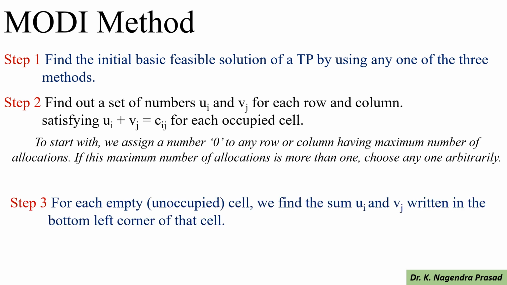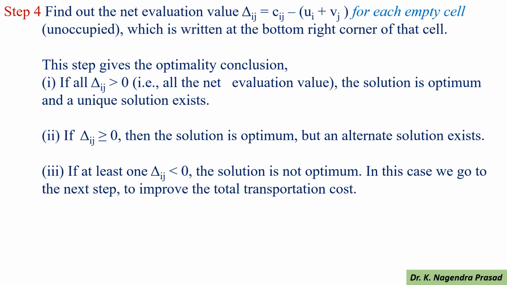The third step is, for each empty, that is unoccupied, cell, to find the sum of ui and vj, written in the bottom left corner of the respective cell. The fourth step is to find the net evaluation value, delta ij equal to cij minus the sum of ui plus vj, for each empty cell, written at the bottom right corner of the respective cell.